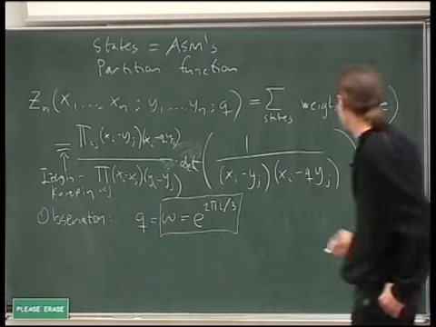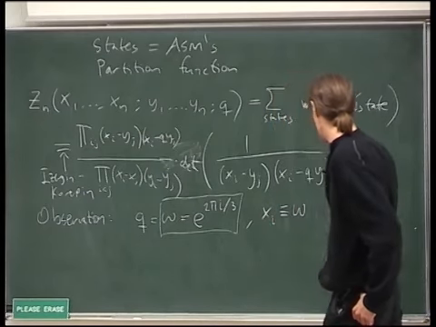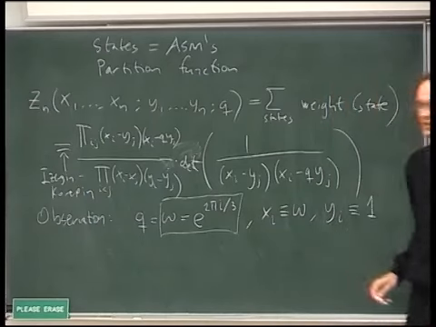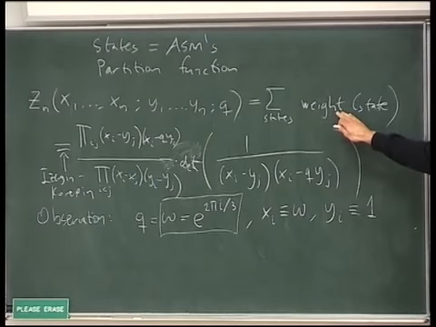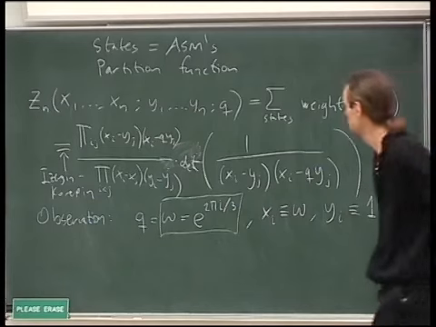And you also specialize all the x's to omega and all the y's to 1. And then you look closely at this weight function. It turns out that the partition function, in this special case, essentially just counts the number of states.